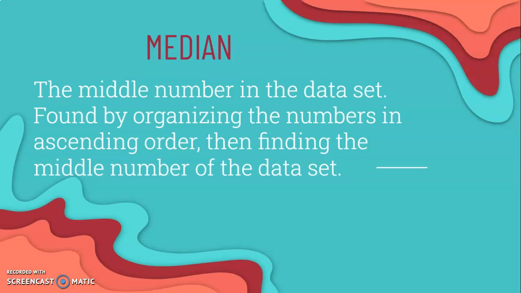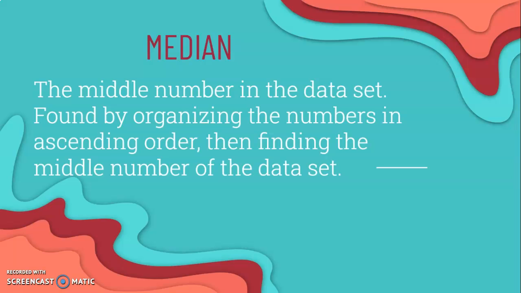To find the median, this is the middle number in the data set. Remember, in the last presentation we talked about organizing the data in ascending order, and I said that when you find the range, you don't necessarily have to do that. But there will be a time when you need to organize the data to do the task that you have. Well, this is that time.